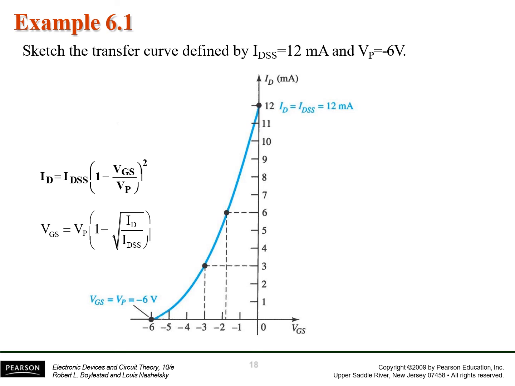Now we try to find the value of VGS when ID is half of IDSS, or half of 12, which is 6. If we put this value in the equation VGS equal to VP into (1 minus the square root of ID over IDSS), we come up to a value of minus 1.8.